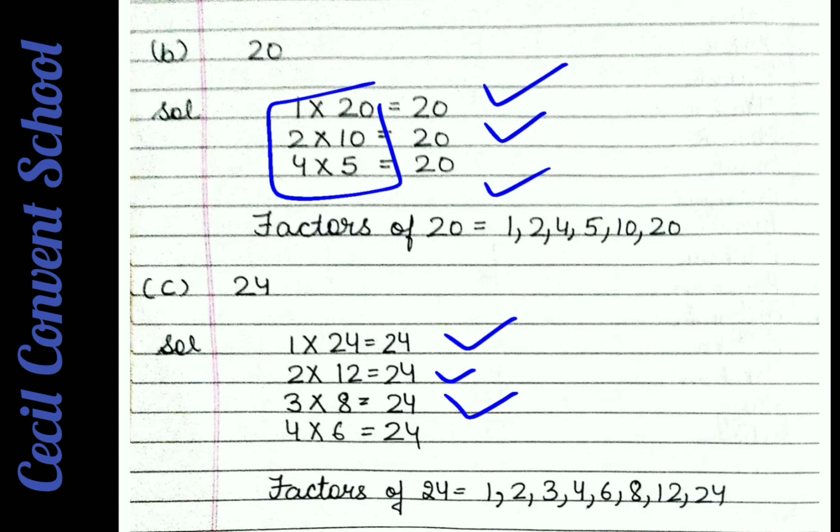In the 4 table, 4 6s are 24. In the 5 table, does 24 come? No. Then you see the 6 table, does 24 come? Yes. 6 4s are 24. So the numbers are repeating again. So you stop, because when numbers start repeating, you will not write them. So all these numbers are the factors: 1, 2, 3, 4, 6, 8, 12 and 24. Clear, student?